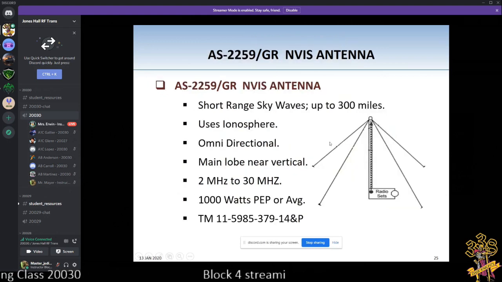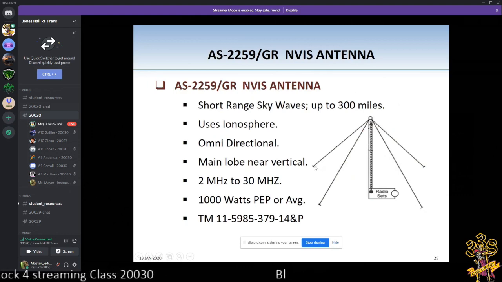Here is the 2259 near vertical incident skywave, or NVIS antenna. Now, when you look at this picture, this wire comes up and back down. So this right here takes one of those horizontal dipole antennas.